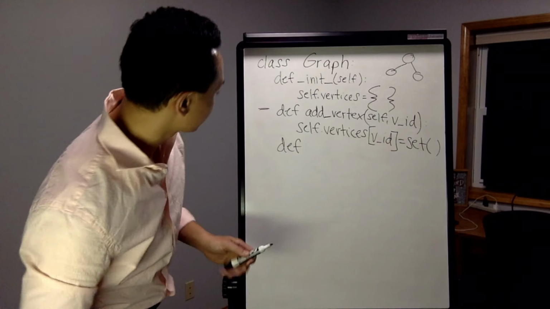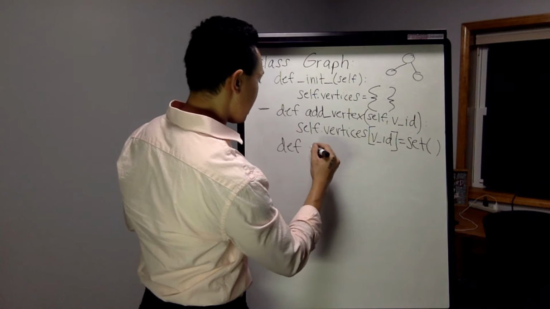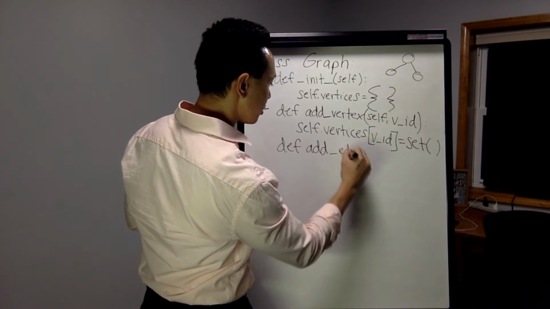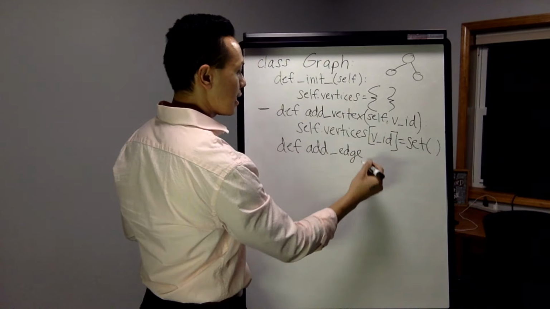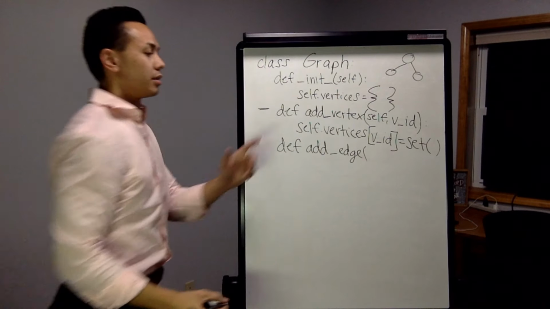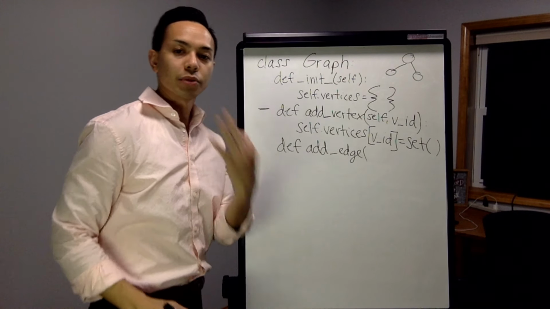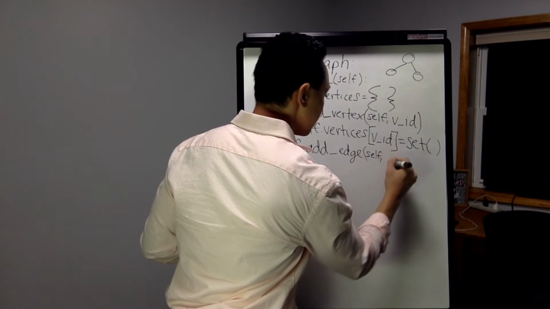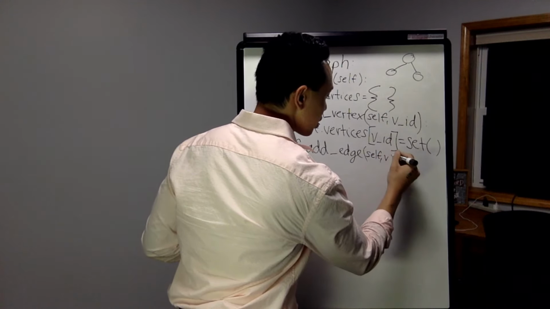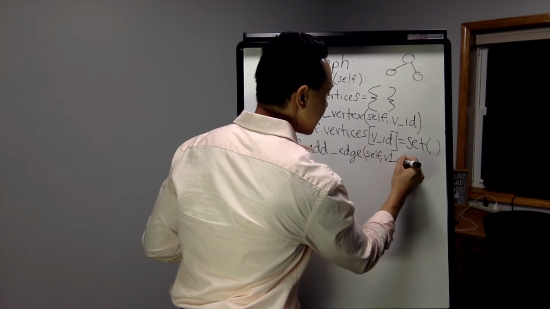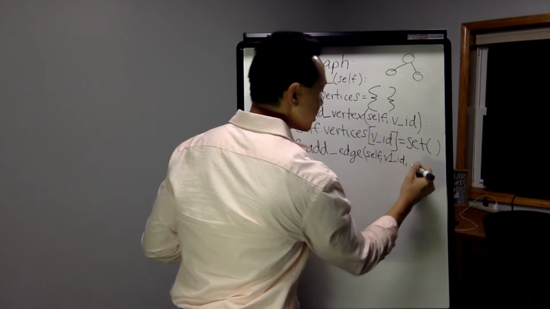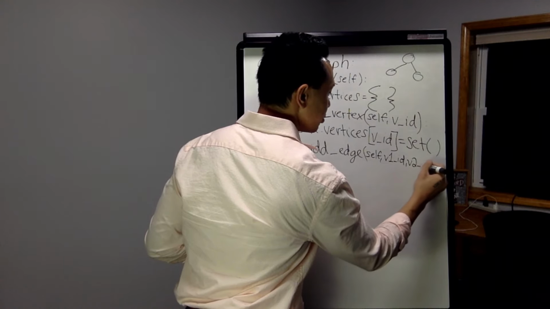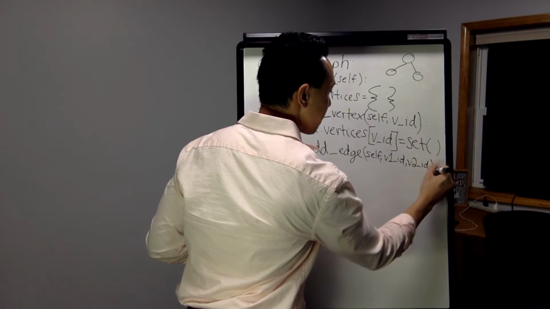All right, so we're going to define add_edge, just like that. And this method is going to take in three parameters: self, vertex 1 ID, and then the third parameter is going to be vertex 2 ID.